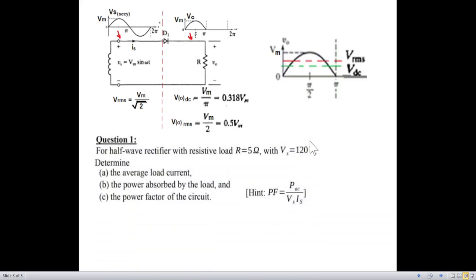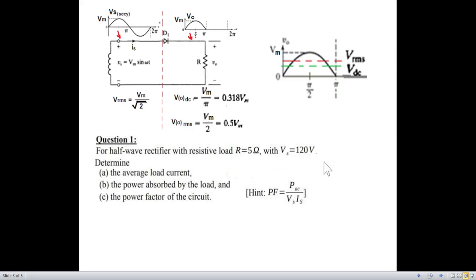Now, coming on to question number 1. For the half-wave rectifier with a resistive load of 5 ohm with Vs 120 volt, determine these three parameters. The first thing you have to keep in mind is that when we say it is 120 volt, that means we are talking of RMS voltage.